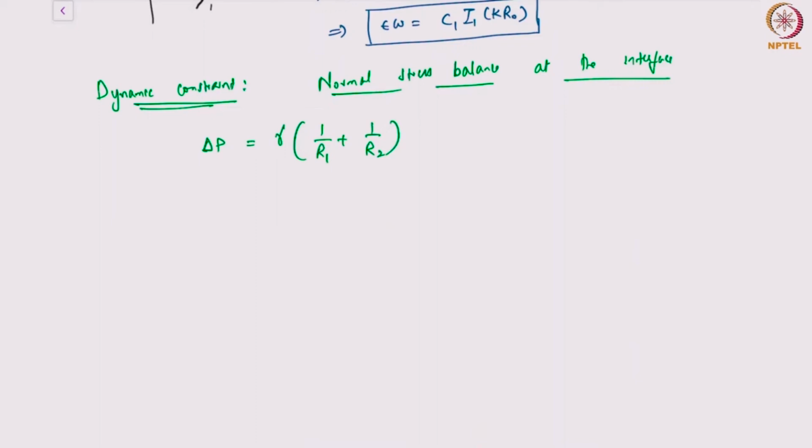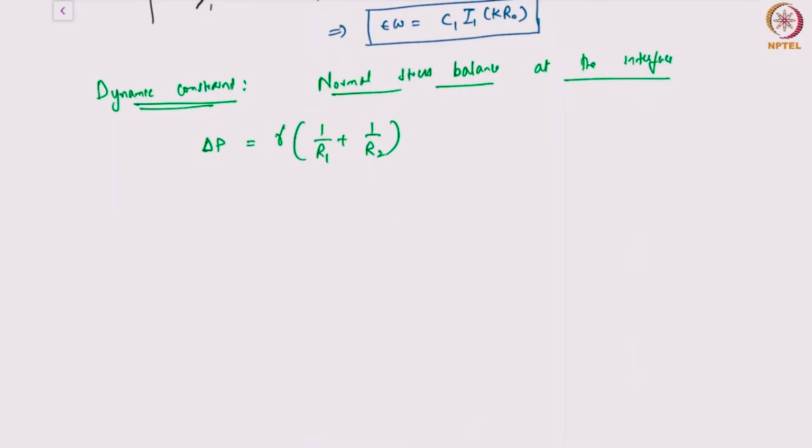Where is this coming from? This is just coming from the normal stress balance that we had derived on the inside and outside. But the only difference is that in n dot capital T dot n, the stress tensor will simply reduce to pressure because we have no viscosity both inside and outside.